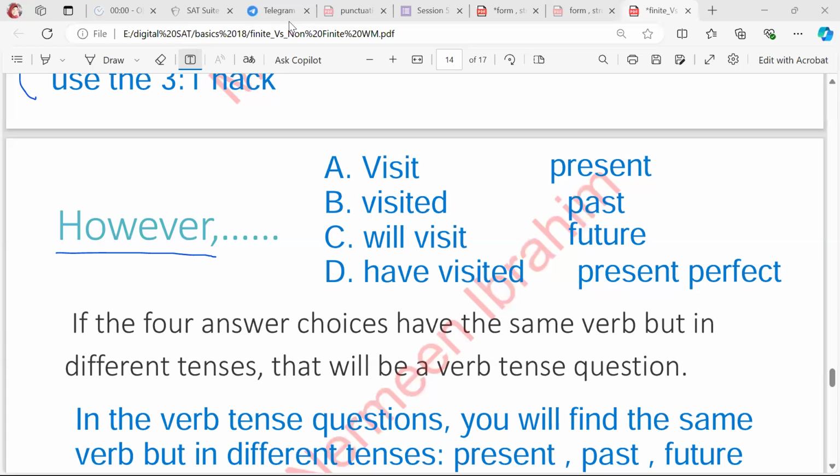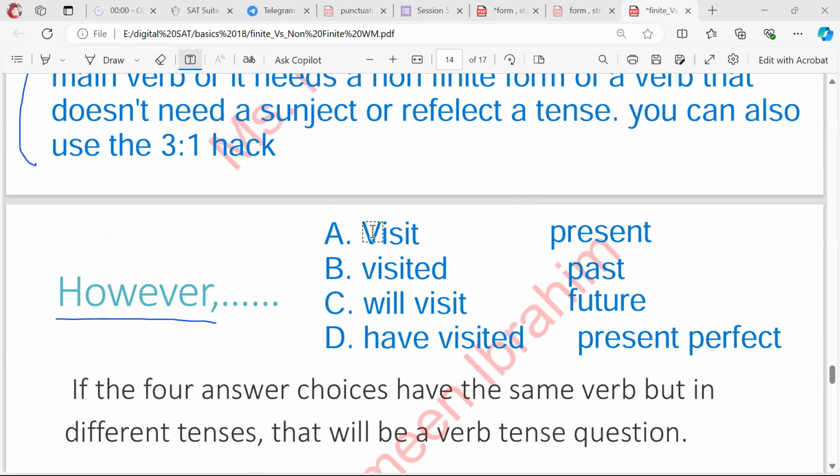Let's go for Mansoor. Hi, Mansoor. Do you hear me? Yes. Hi, dear. Now, I'm giving you two types of questions: finite versus non-finite, or verb tenses. So what is the difference? Look here: visit, visited, will visit, have visited.